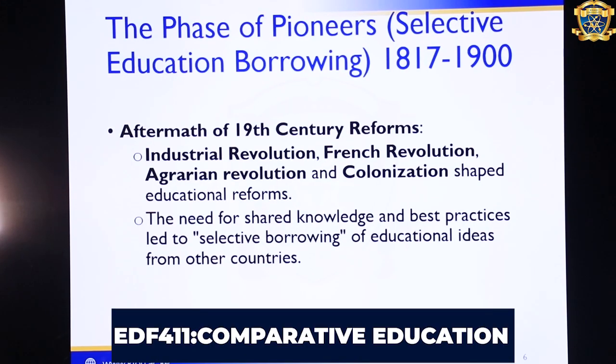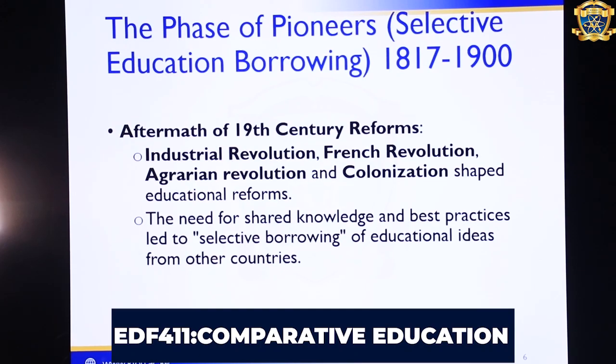At the time, colonization brought about cross-cultural borrowing in education, where you borrow one element from this system, another element from another system to make a whole. So when you put all these together, the period between 1817 and 1900 became a turning point. Education was no longer just about passing down tradition.